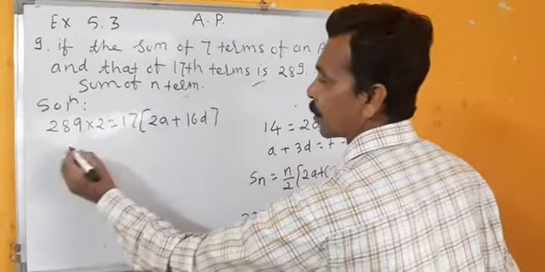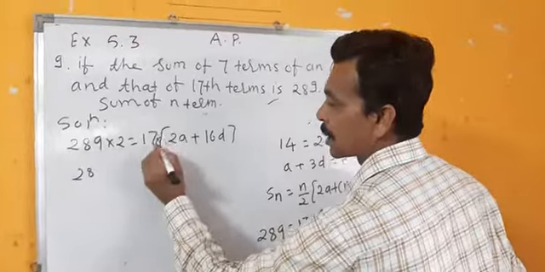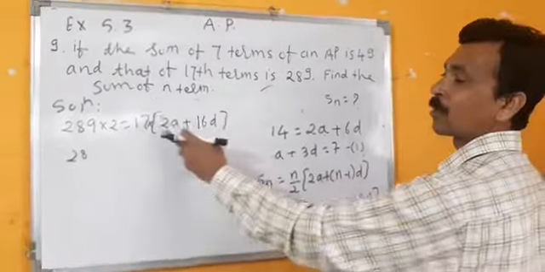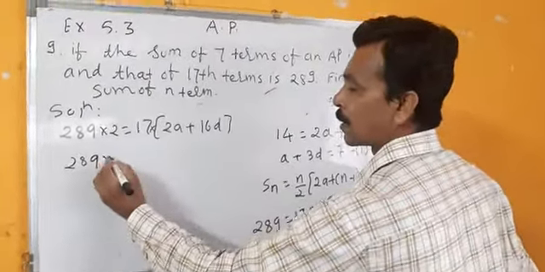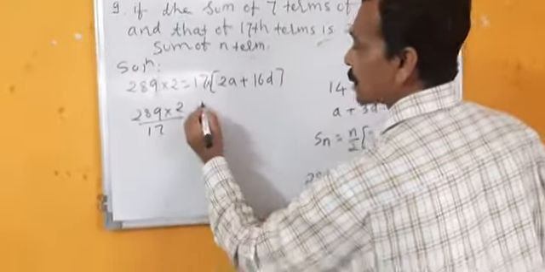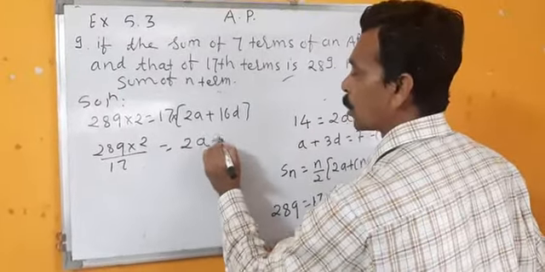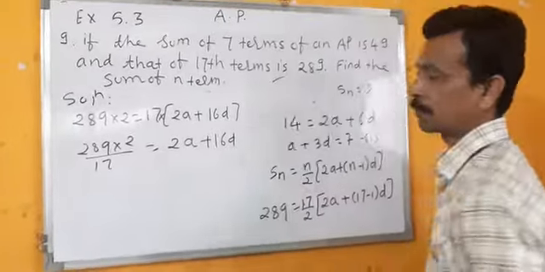Then this 17 goes in the denominator because it is multiplication. So 289 into 2 upon 17 is equal to 2a plus 16d.